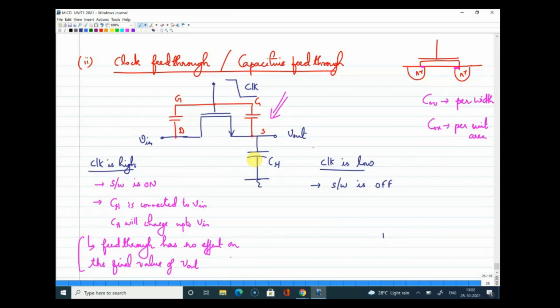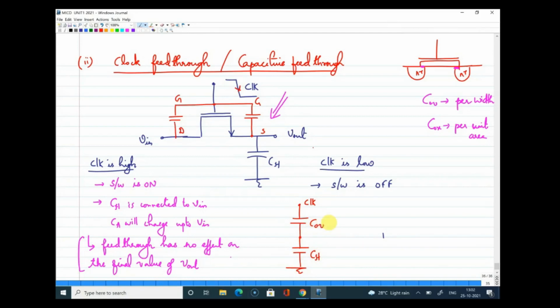But now if you look at the clock signal, it is going from high to low. You can see there is a capacitive voltage divider existing here, because this is your clock signal. You have a capacitance here, and you have another capacitance from here to here, which is CH, and this other one you can consider as some overlap capacitance.